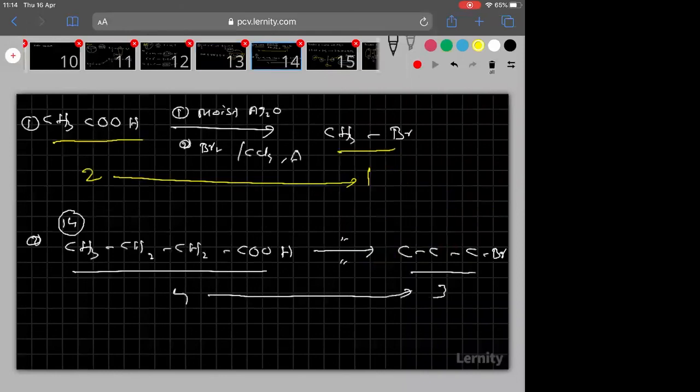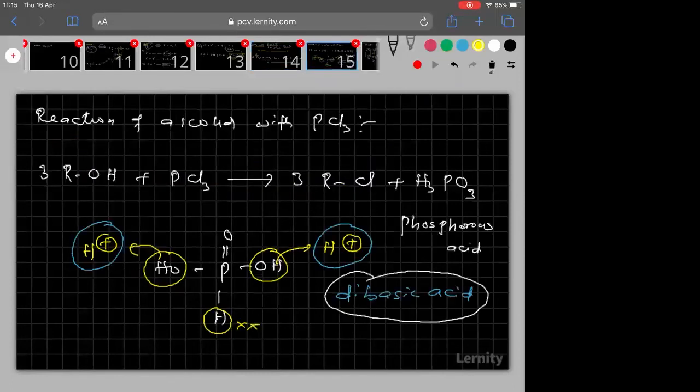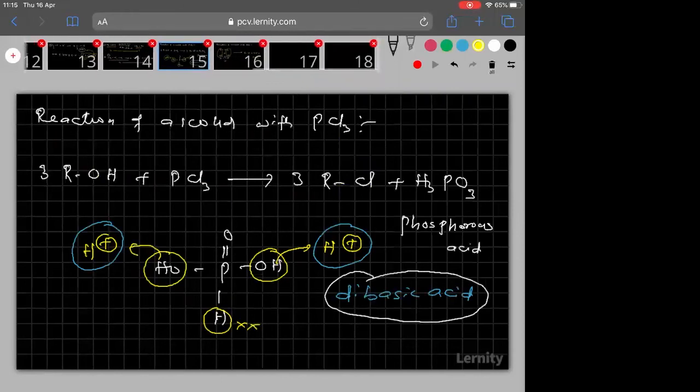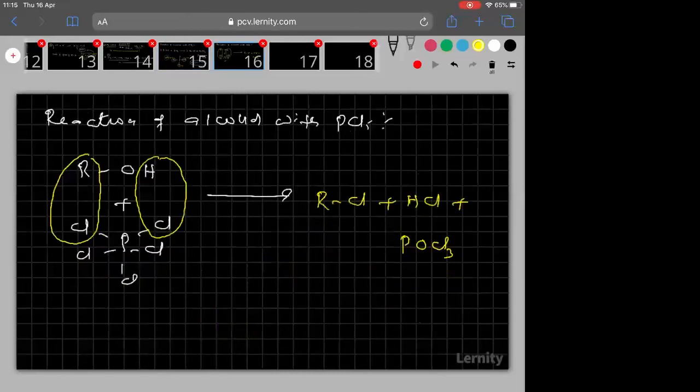Then some 1-2 questions on Hans-Dicker. Clear? Next, reaction of alcohol with PCl3. And here I explain phosphorus acid structure. Please be clear. Then finally, reaction with PCl5.